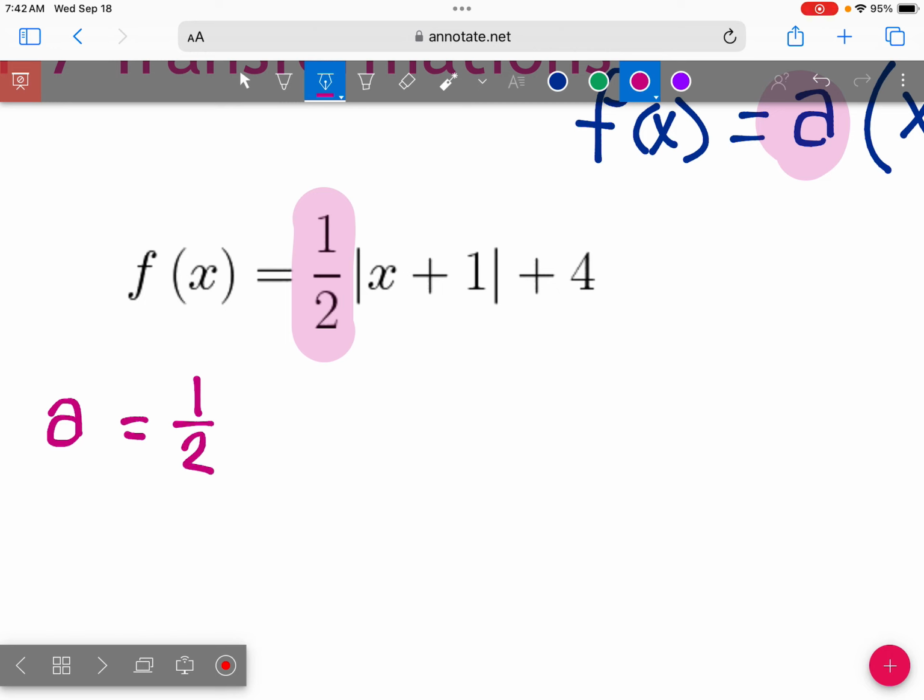So 1/2, is that positive or negative? Positive. So it's going to be a normal, like, upright. You don't have to say anything for it, but I want us to think it. So it's going to be a normal, upright, in this case, absolute value. So it's a V. But it's little. It's so little and cute. It's 1/2. I want to squish it so much. So what do we call it when it's so little and cute? Compressed. Compressed is so little and cute, I want to squish it.